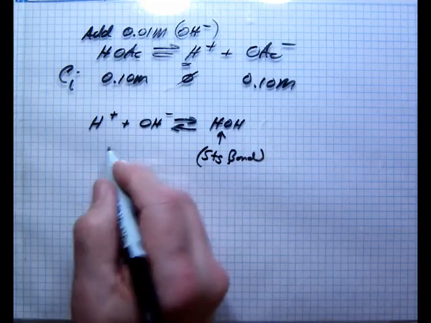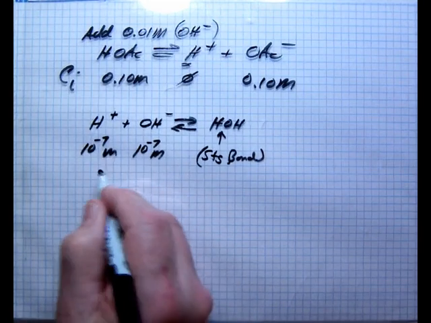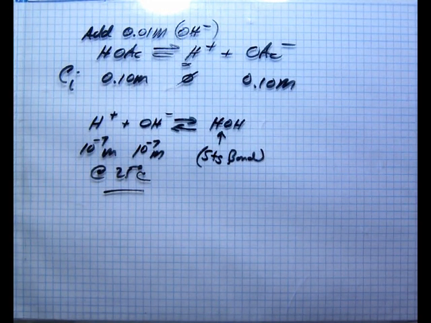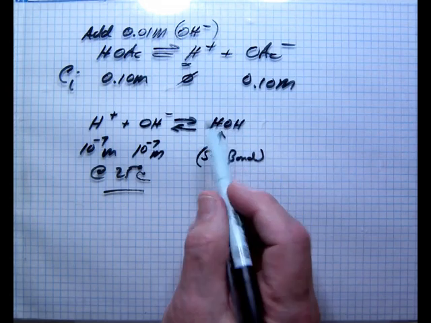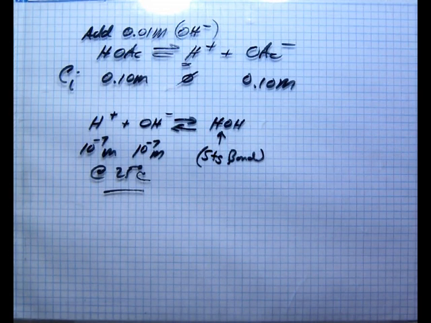And matter of fact, the concentrations are 10 to the minus 7 molar at 25 degrees C. That is next to nothing as far as water in itself ionizing. So if you took water and ionized it, a pure glass of water, it's going to deliver only 10 to the minus 7 molar in each of those ions. That ain't much. So if you put an OH⁻ out by the hydrogen, it's going to hook up real quick and shift back to the HOH, water.